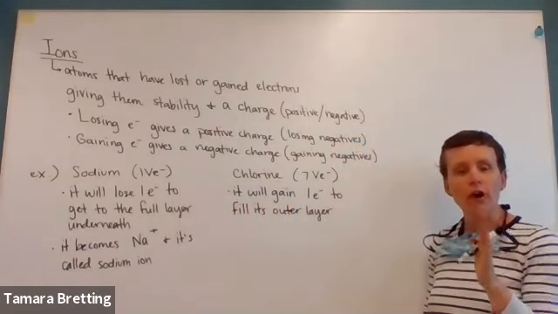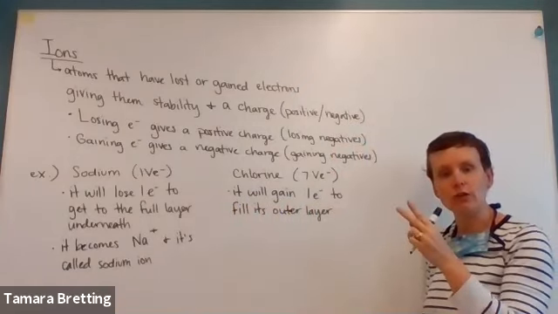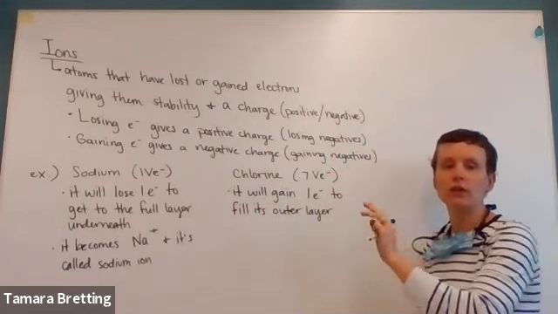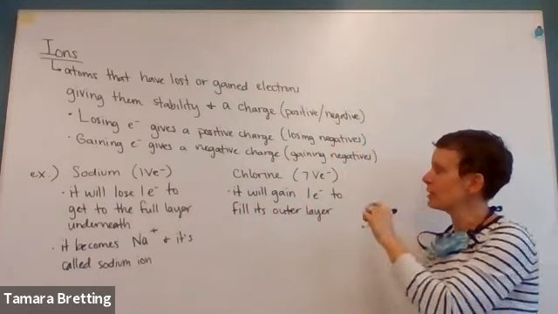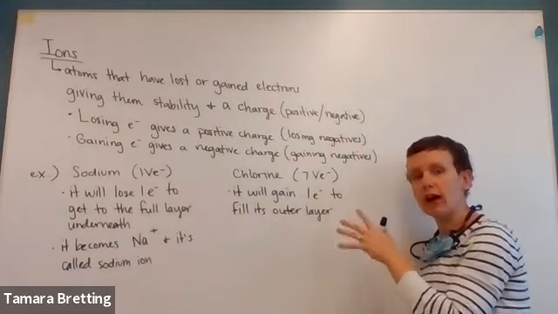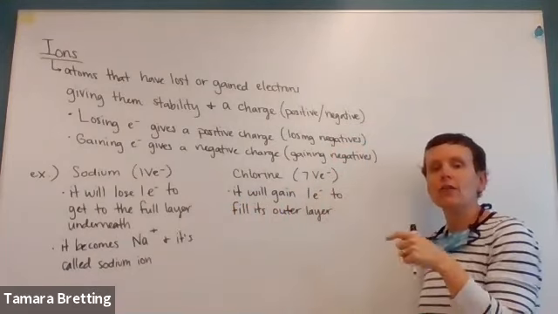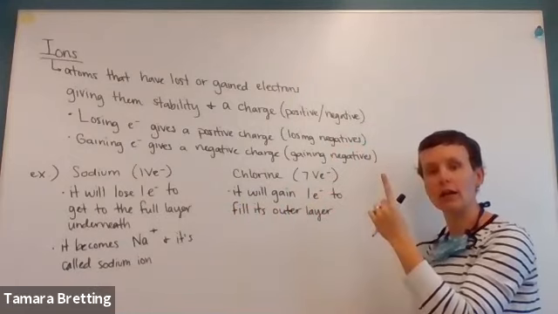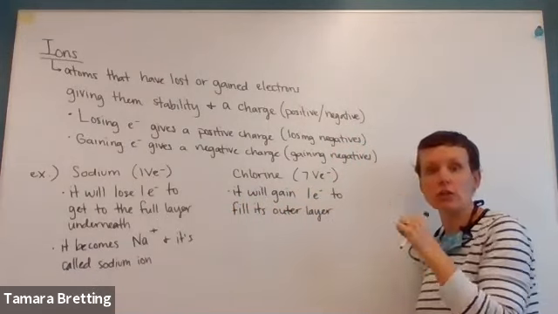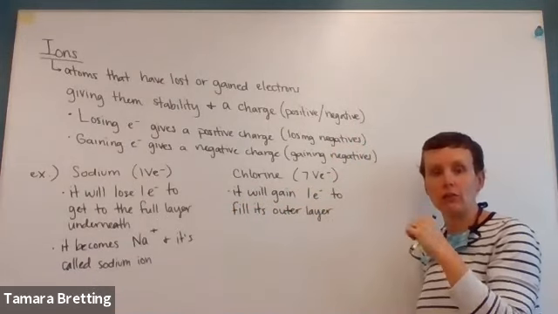So the things that are really far away from 8, they have 1 or 2 or 3 valence electrons, they're going to lose all of them and get to the full layer underneath. But things that are really close to 8, they have 5 or 6 or 7, they're going to gain however many they need to get to 8. If they have 7, they're going to gain 1. If they have 6, they're going to gain 2. If they have 5, they're going to gain 3.